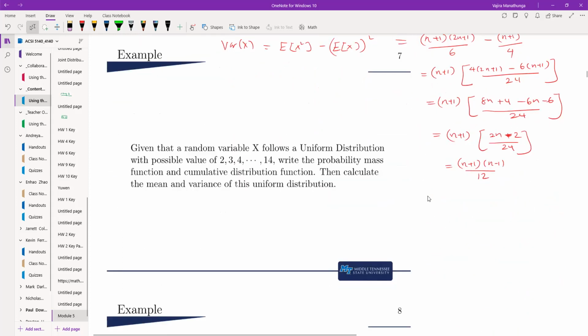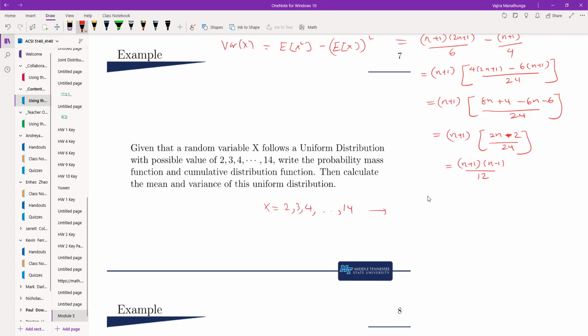Okay, so the next example asks, now what happens if x follows uniform distribution but takes 2, 3, 4, up to 14. So x takes not 1, 2, 3 like previous, it just takes 2, 3, 4, all the way up to 14, not 1. Okay. So again, you can see that there are 13 values here.